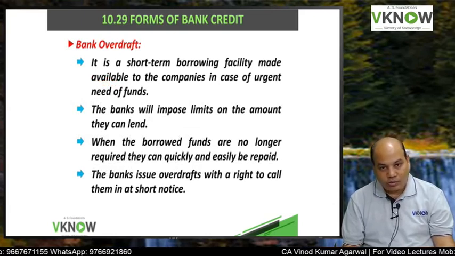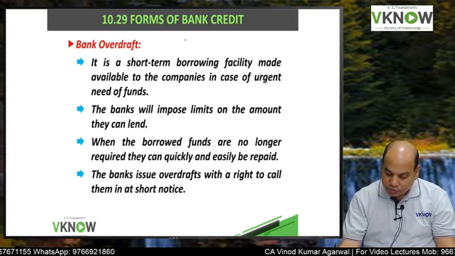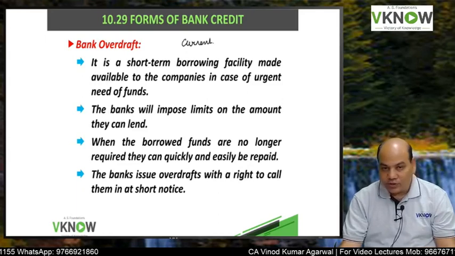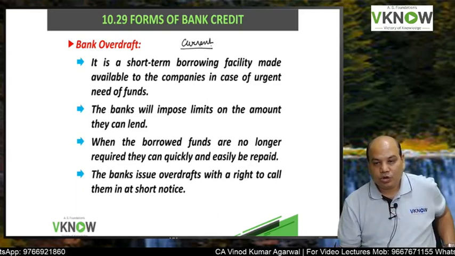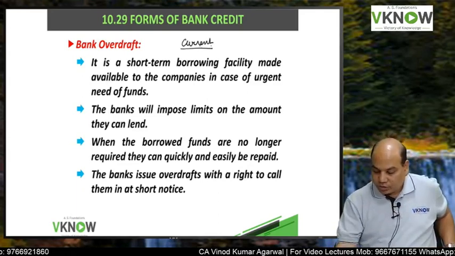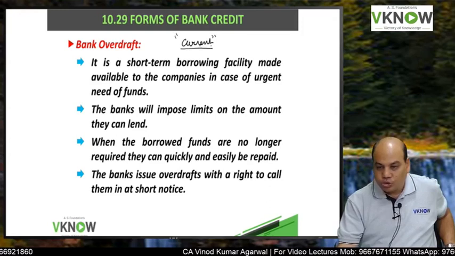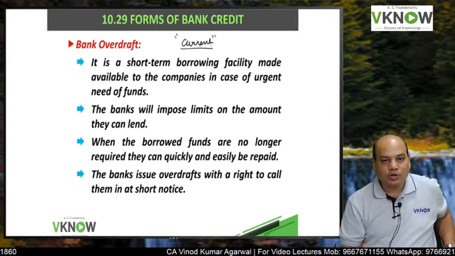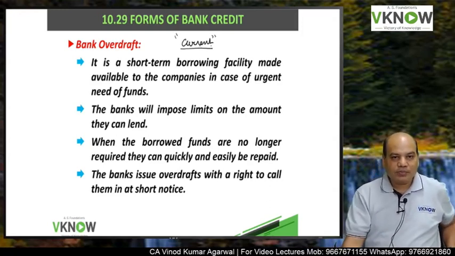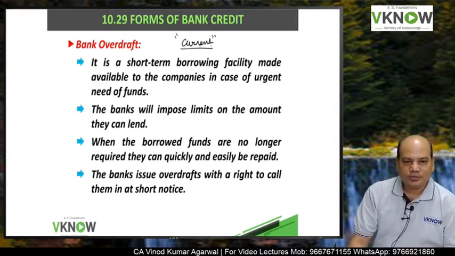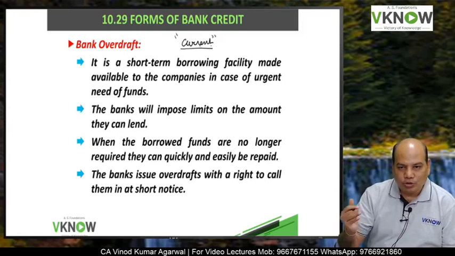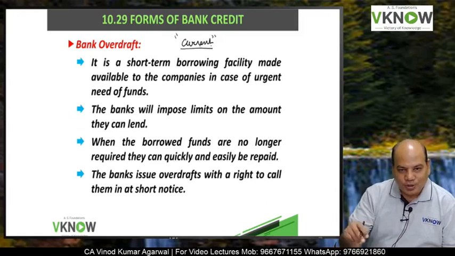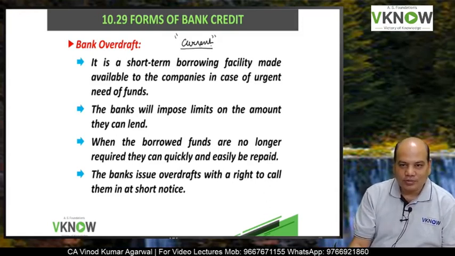Then another is overdraft facility. Suppose you have a current account. Now understand the difference. Here you have a current account. So normally what happens when you have a current account or a saving account, you cannot withdraw more than what you have kept in that account, right? But if you have overdraft facility, they allow you to withdraw more than the balance in your account.